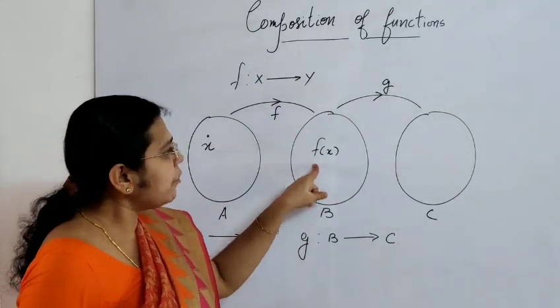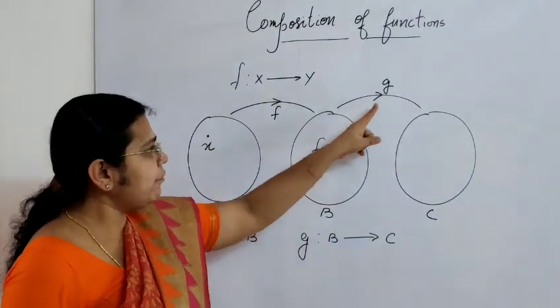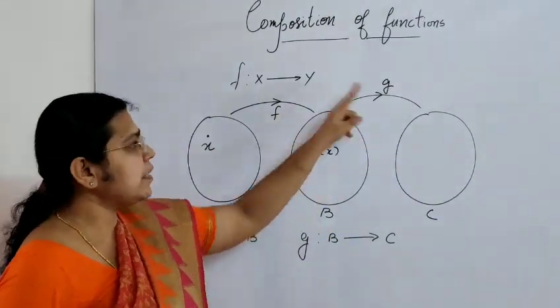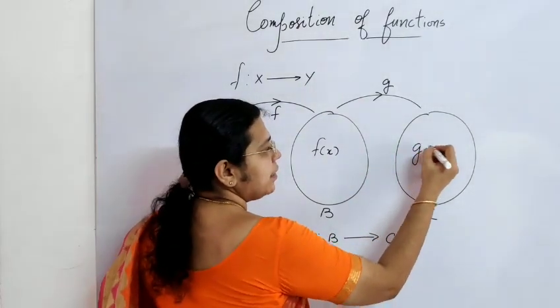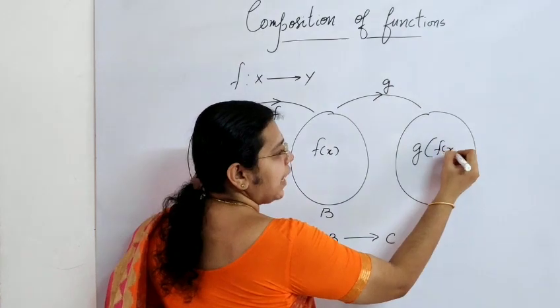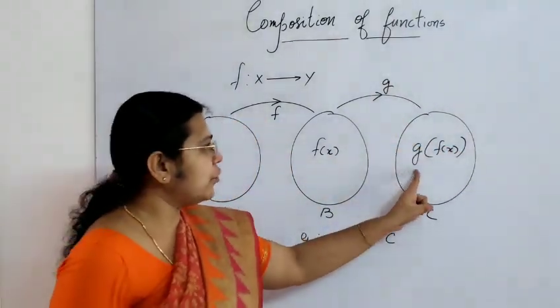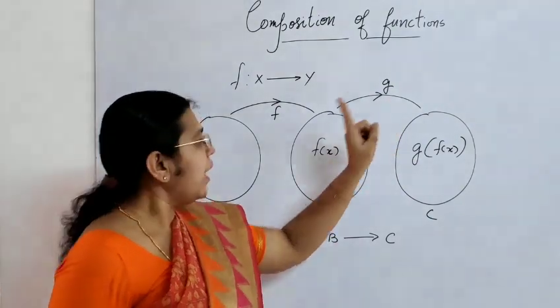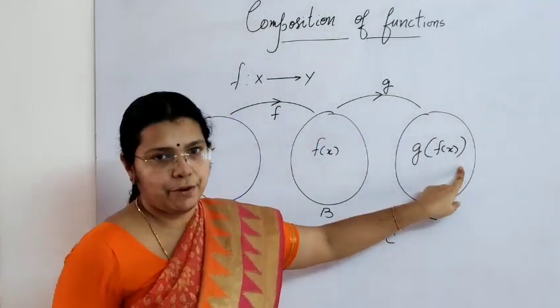Now, this f of x is mapped to C under the function g, from B to C. What will I get? g is a function that is acting on f of x, right? g is this function acting on f of x to give you what? g of f of x.